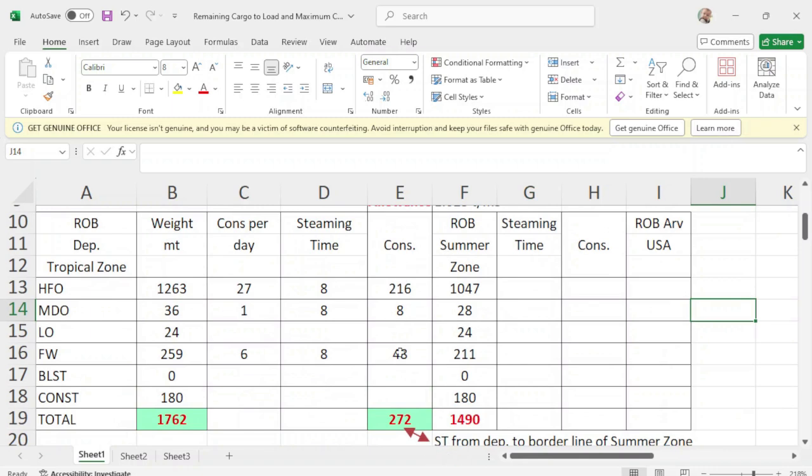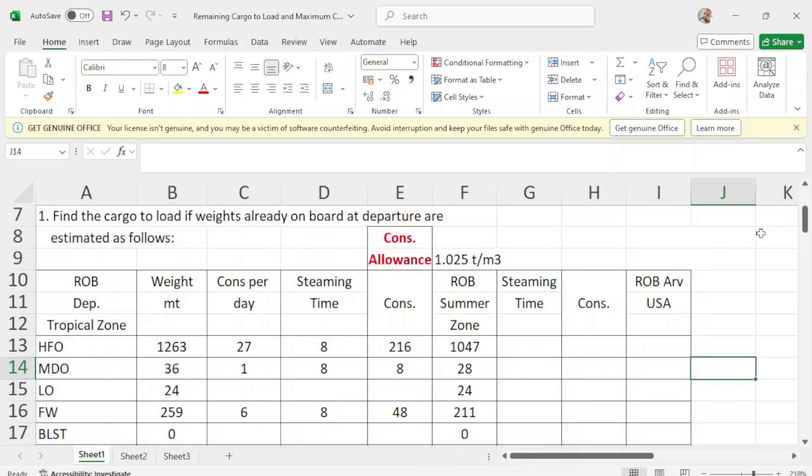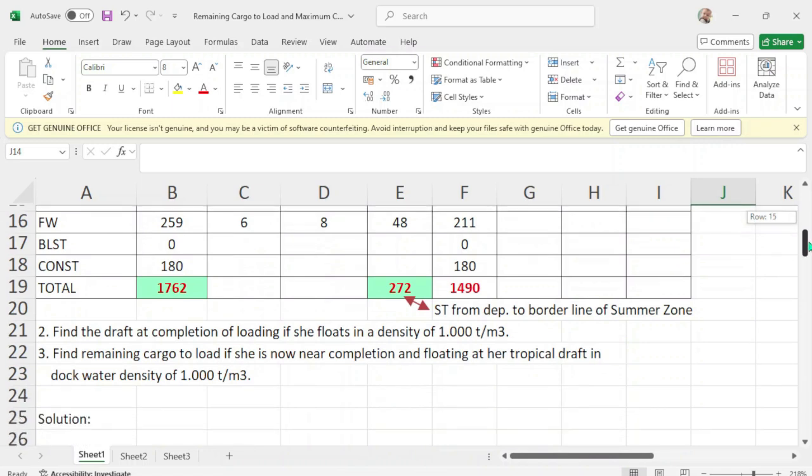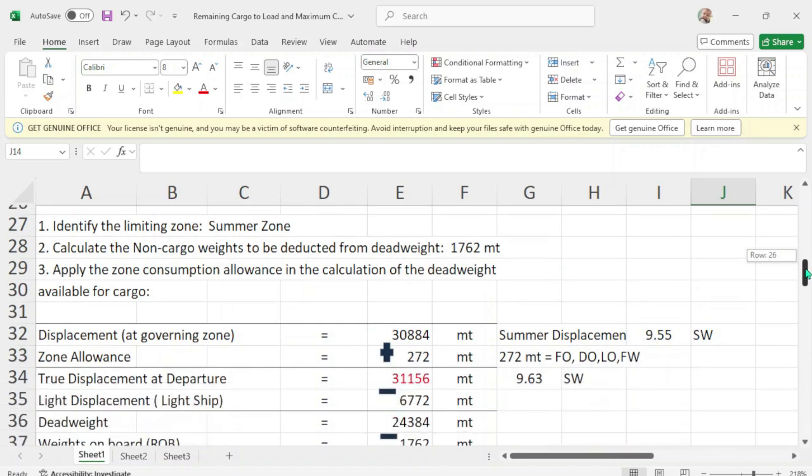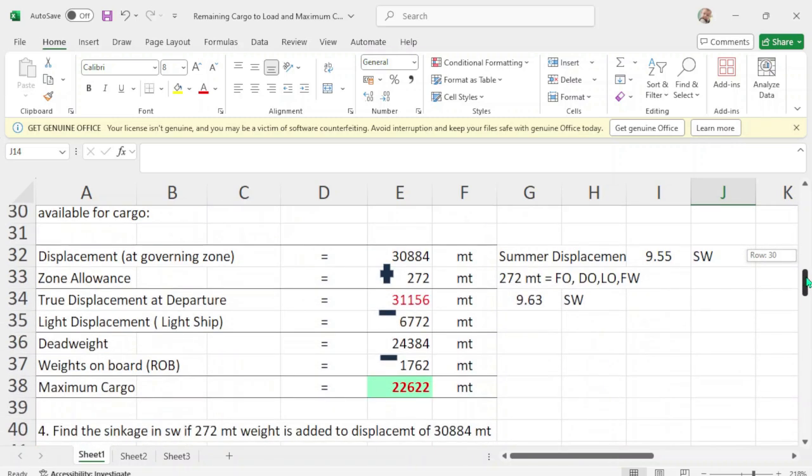This is the total consumption of 8 days, which is 272, and this is the steaming time from the departure berth of the tropical zone to the boundary of the summer zone of 1.025. We have already answered this one, and I will take emphasis on this one.